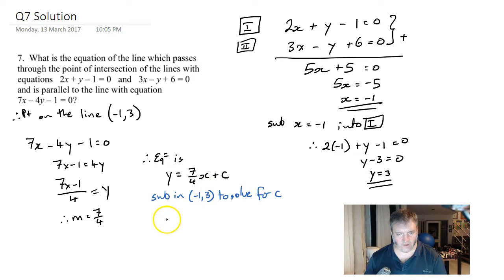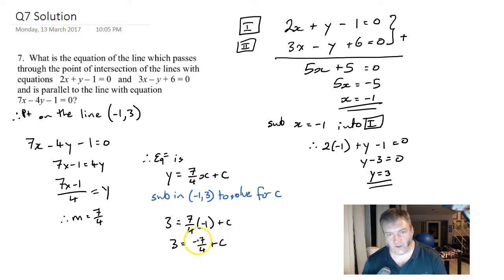So y equals 3, 7 over 4 multiplied by -1 plus c. I've got 3 = -7/4 + c. So to get c on its own, what's the opposite of subtracting 7 quarters? Adding it. Well, this is already 12 quarters. So 19 over 4, 19 quarters equals c.